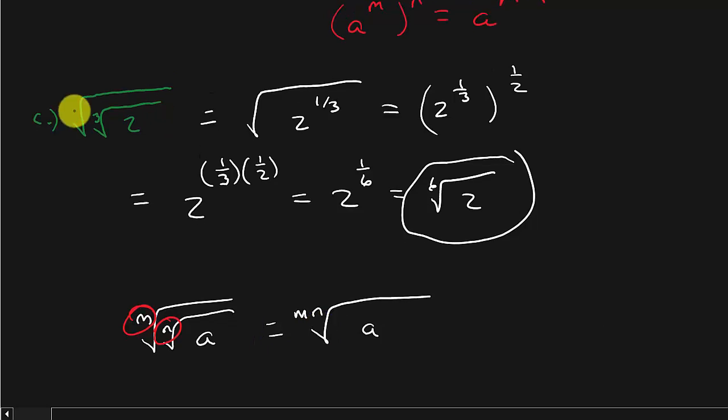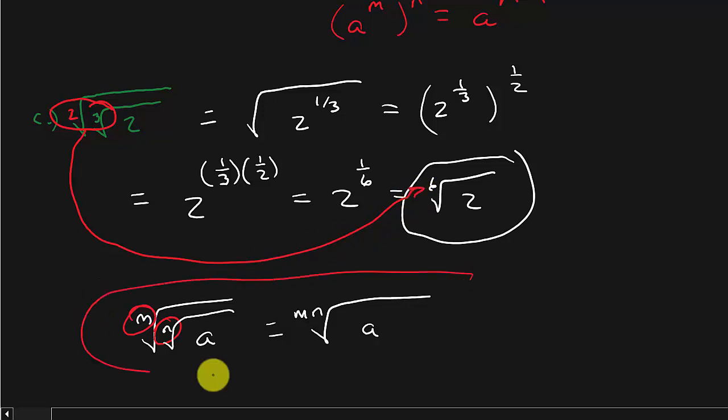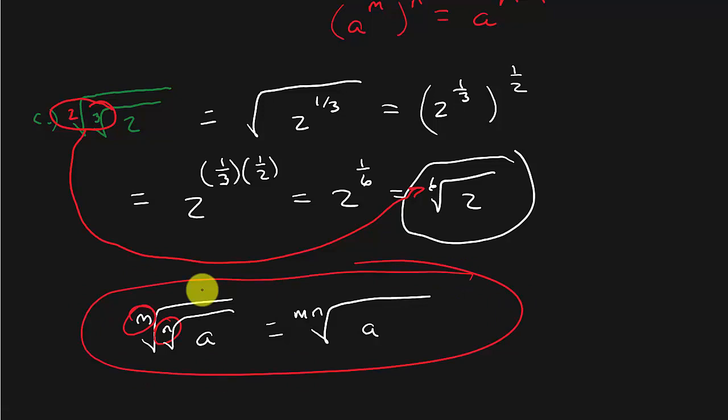See, remember this index here is understood to be a 2. So look, what's 2 times 3? That's your 6 there. Okay. And by all means use the formula, but I just wanted to work it out like this to show you why it works like that.